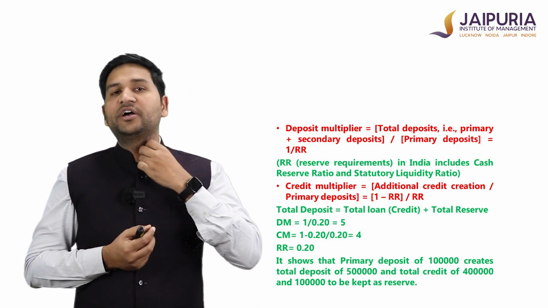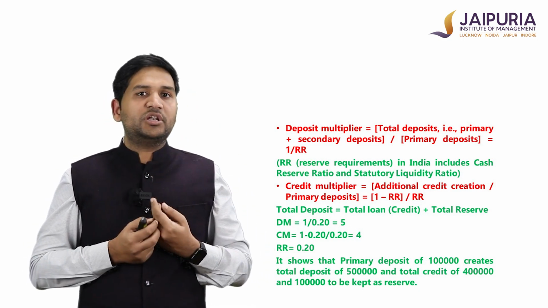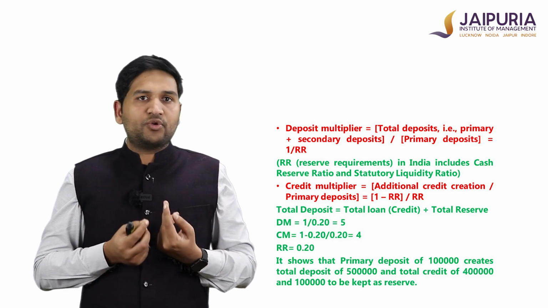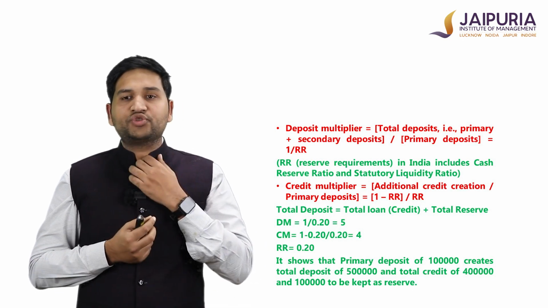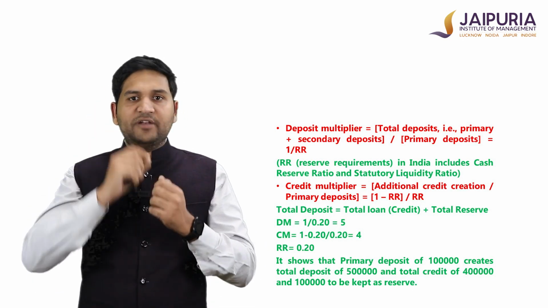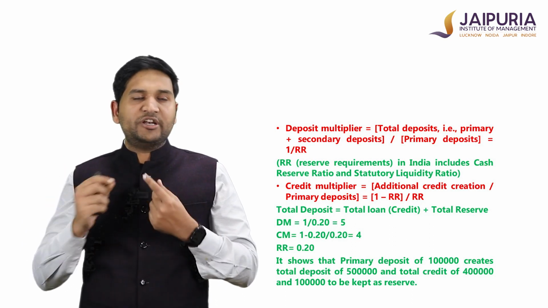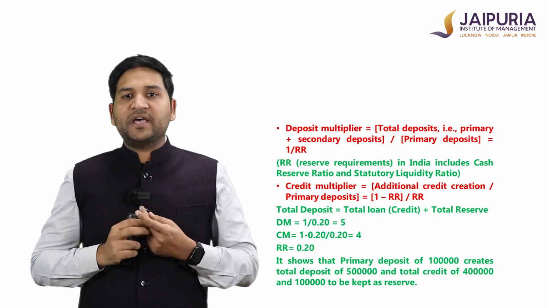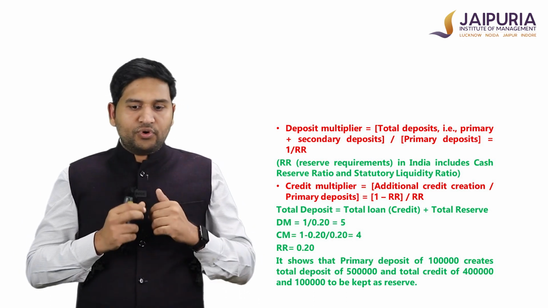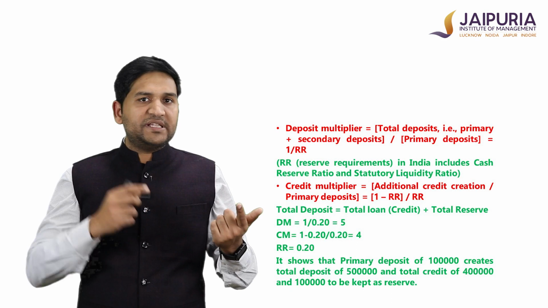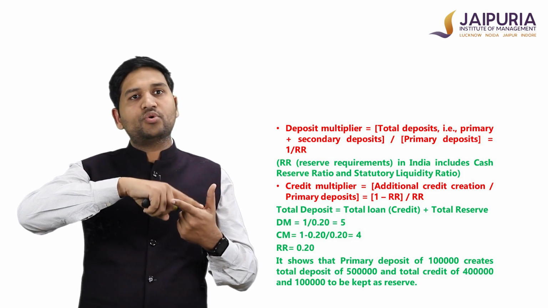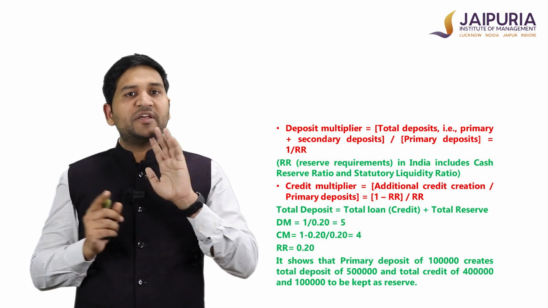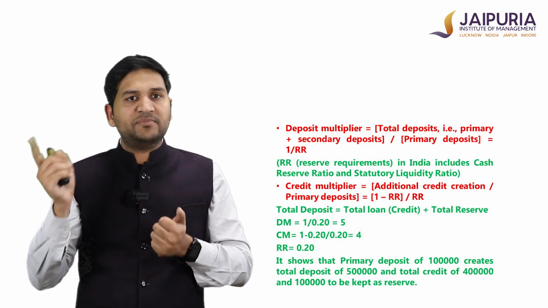In this example, the initial deposit was 1 lakh rupees and the reserve requirement is 20%. So 1 divided by 20%, that is 1 divided by 0.2, is 5. So the deposit multiplier is 5. If you have deposited 1 lakh rupees, that deposit is going to create a total deposit of 5 lakhs, that is 5 times.